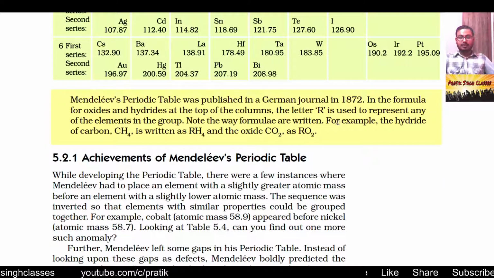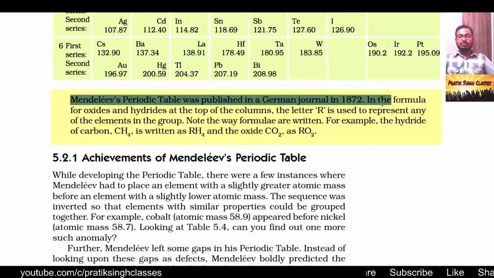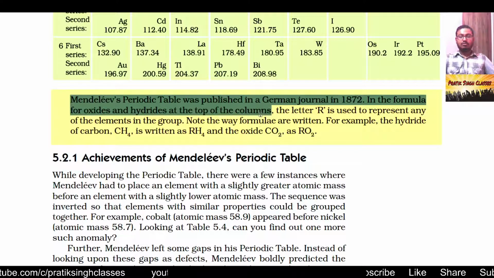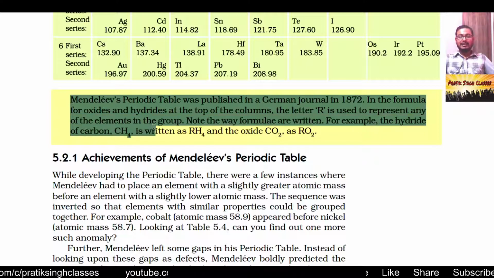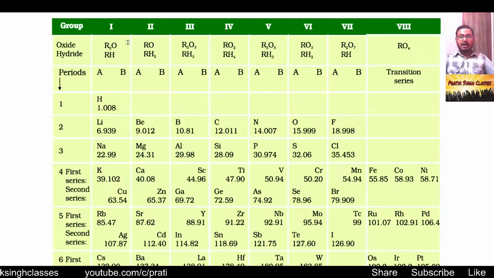And like this he stuck his notes on the wall. Okay, so Mendeleev's periodic table was published in a German journal in 1872. In the formula for oxides and hydrides, at the top of the elements the letter R is used to represent any element in this group. So as you can see here, R2O, RO, R2O3, RH3.